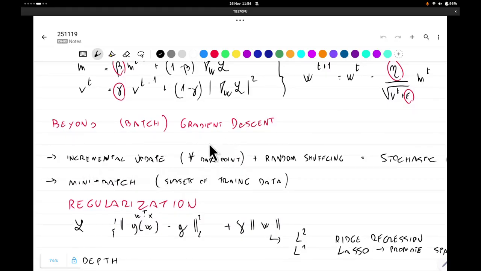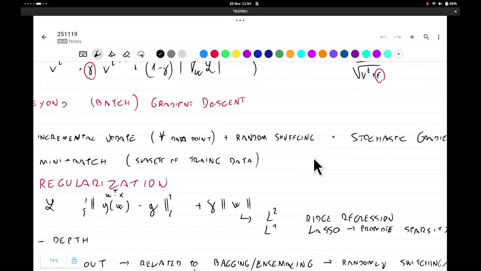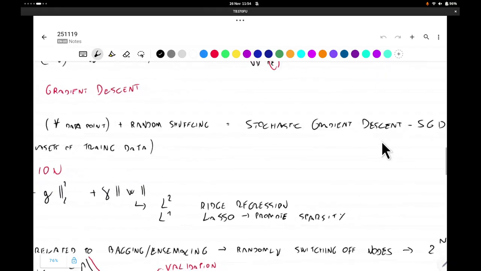So one technological advance is to have incremental updates. So we evaluate the change in the gradient for each data point. This cannot be done, or it's not very efficient, if you do it without randomly reshuffling the order of the data after each full cycle that is called epoch. So this combination of random shuffling with incremental update is called stochastic gradient descent.